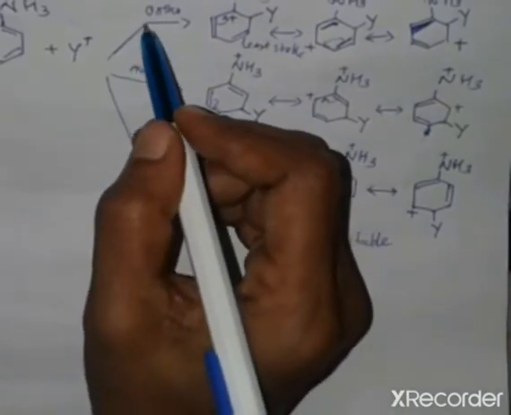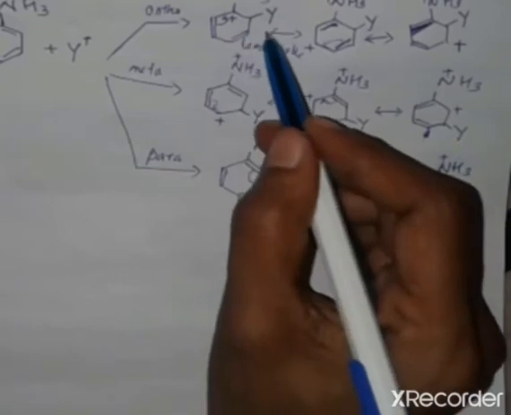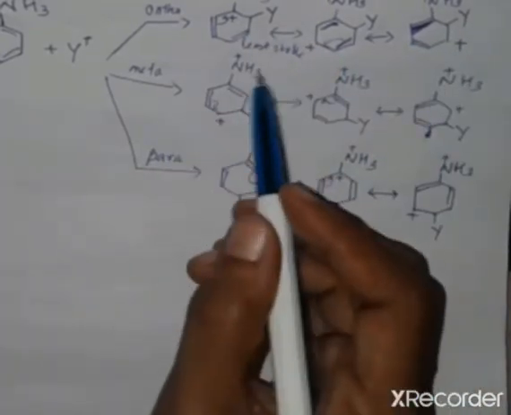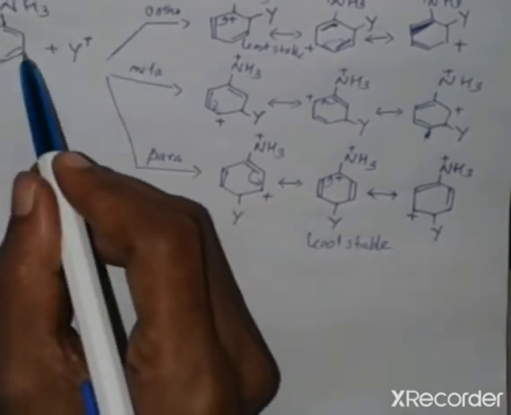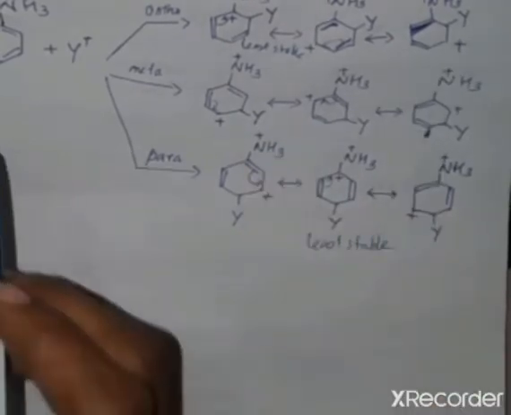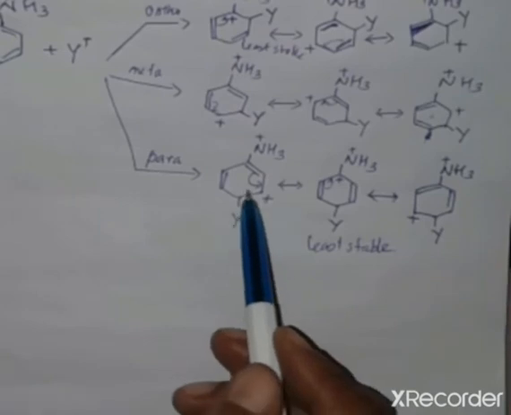If Y attacks at the ortho position to the NH3 group, we can get a carbocation which is resonance stabilized by three structures. And if it attacks at the meta position, we also get these three resonance structures. And when it attacks at the para position, you can get the carbocation with these three resonance structures.